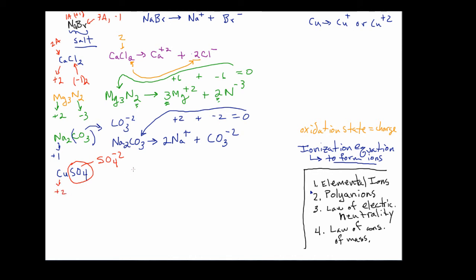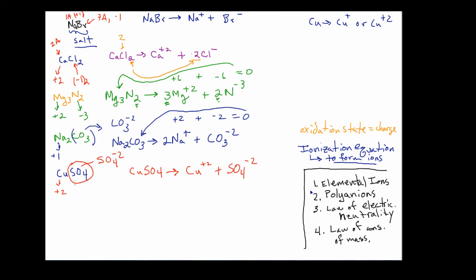So now we can write the ionization equation. It will be copper 2 sulfate, with an arrow, and then Cu+2 plus SO4 -2. And these two combine directly to cancel the charges, which gets us back to the copper sulfate.